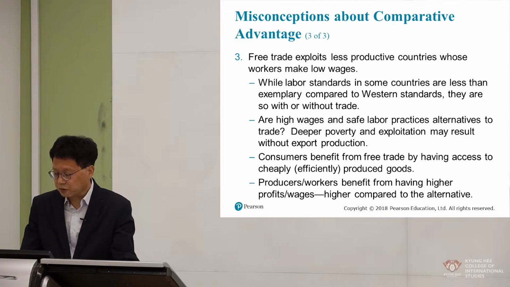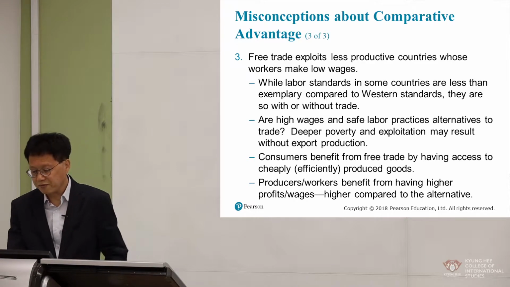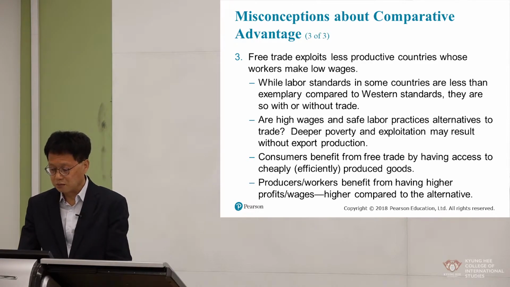Consumers benefit from free trade by having access to cheaply produced goods. So developing countries' consumers' welfare increases because they can also purchase some goods at a cheaper price than domestically produced ones, right? Producers and workers benefit from having higher profits and or wages.